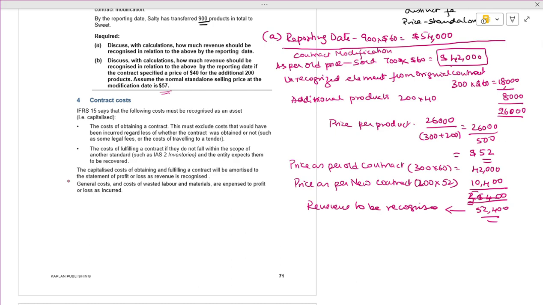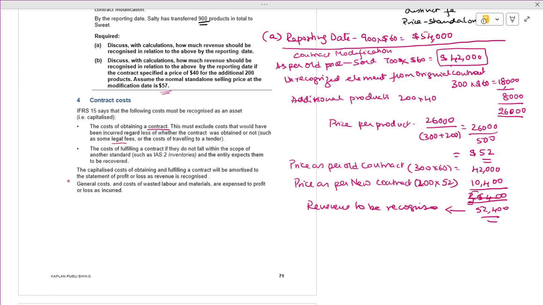IFRS 15 says that the following cost must be recognized as an asset when it is going to be capitalized. The cost of obtaining the contract must exclude cost that would have been incurred regardless of whether the contract was obtained or not. So what are the costs?